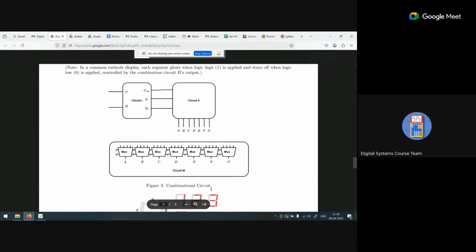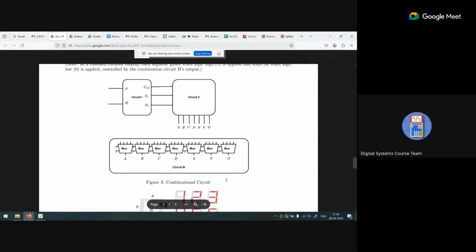Now, if we connect A in this one mux, B in this one, C in this one, so we have a mux where four inputs are given and we are getting one output.